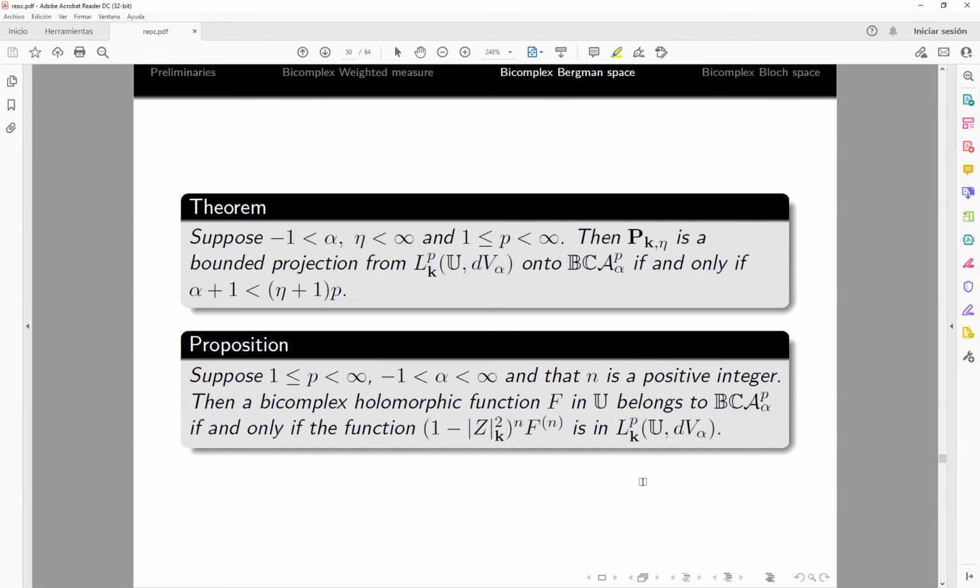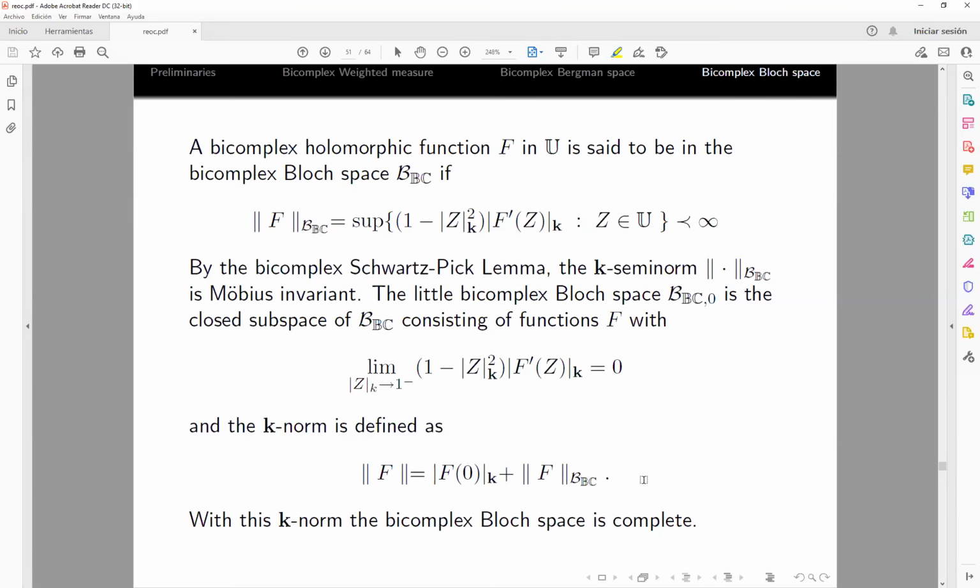Now, because I have maybe 4 minutes left, let me introduce the last part of our talk, the bicomplex Bloch space. We can define for a bicomplex holomorphic function f the bicomplex Bloch space.